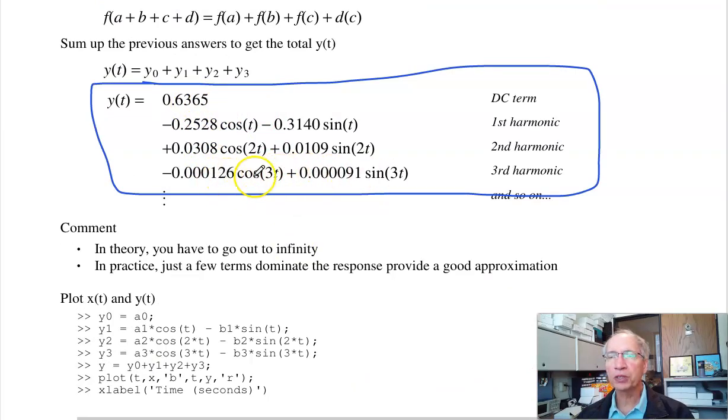This third term is so small, if I ignore it, I'm not that far off. I'm only off by 0.00012. So if I just include 3 terms, I'm pretty close. The second harmonic, it's there, but it's really small. So maybe 3%. If I want to be accurate to less than 3%, I need it. If 3% error isn't bad, I can throw that one out.